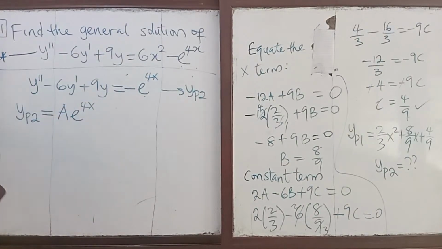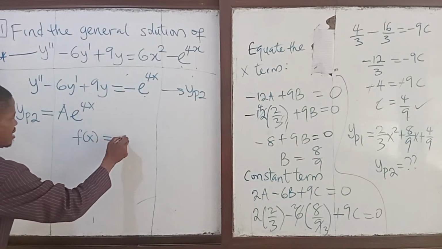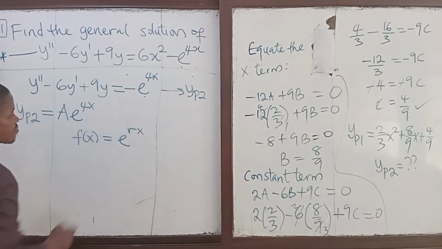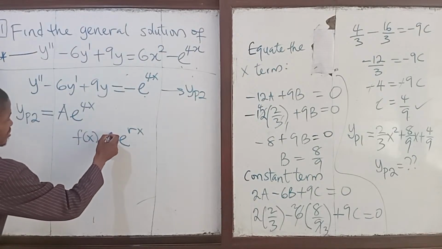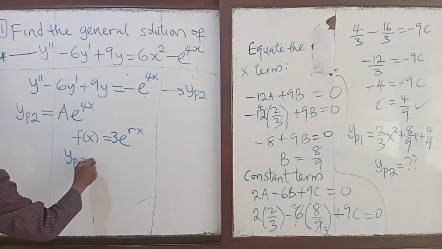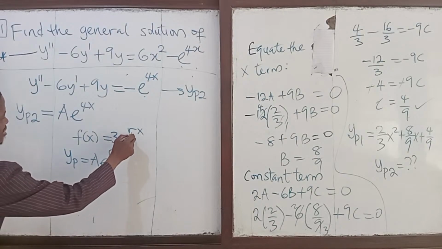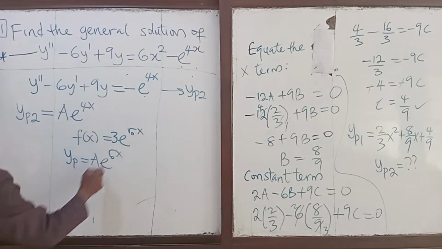We've said in the lecture that if your f of x is e to the power rx, and it could have a number, it doesn't matter, you have 3, you have 4, it doesn't matter, we said the yp will be equal to A e to the power rx. I put this one as r subscript 0.